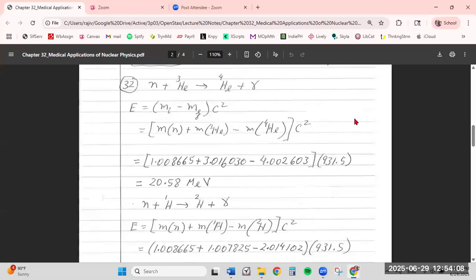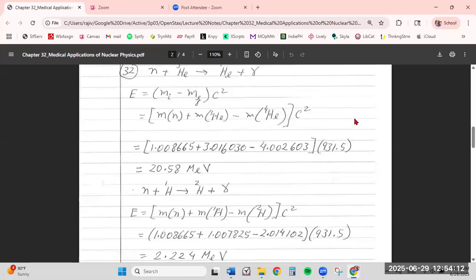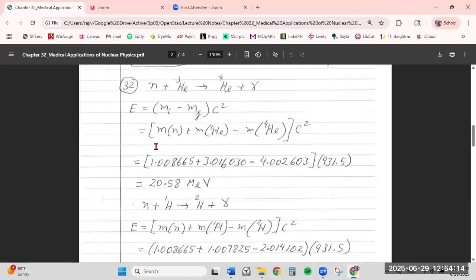It's the reduction in mass that is converted to energy. The initial mass is the mass of the neutron plus the mass of the helium-3 nucleus, minus the final, which is the mass of the helium-4 nucleus.